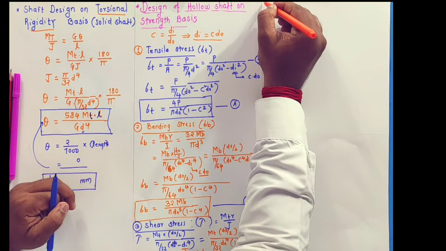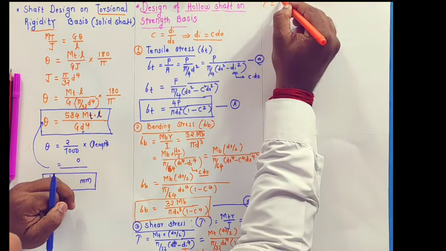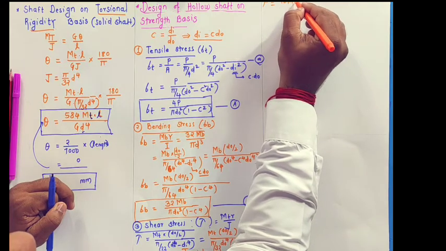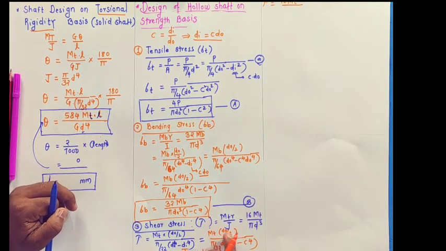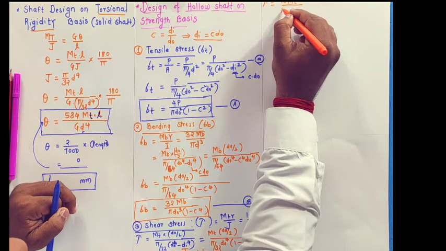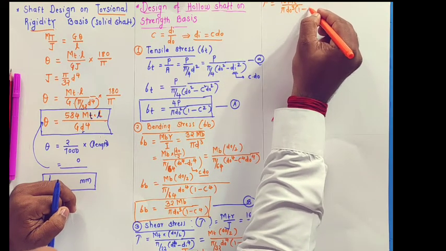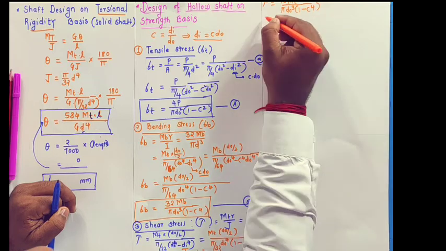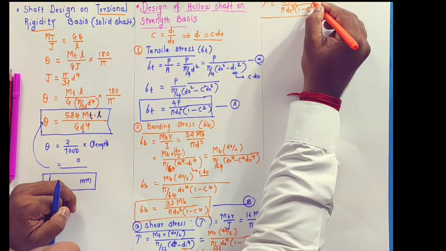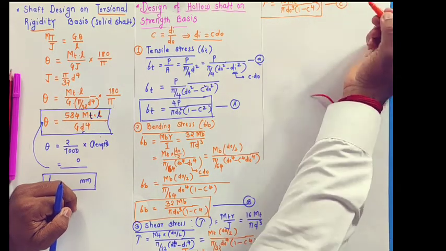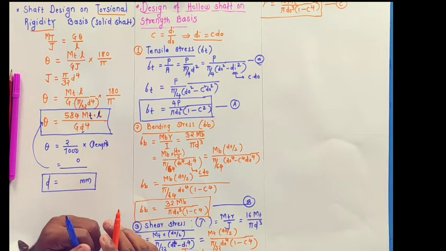Therefore the stress equation is 16 Mt. How 16? 32 divided by 2, dO gets cancelled, dO raised to 4 cancels with dO, so dO cube remains, that is pi dO cube into bracket 1 minus C raised to 4. So this will be your equation number 3 for the calculation of the stress.